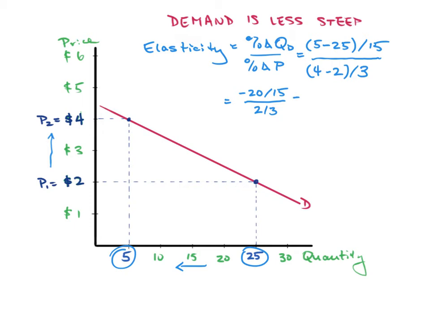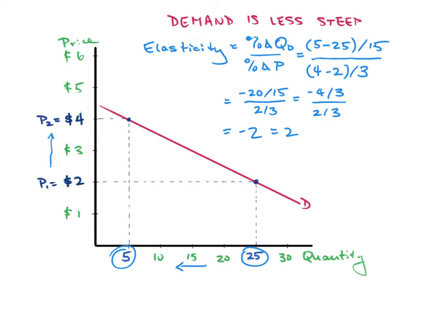And you could plug it into a calculator. I just like to simplify things as much as I can, like mentally. So let's see, 20 over 15 simplifies to 4/3 divided by 2/3. And 4/3 is twice 2/3. So that comes out to negative 2, or 2.